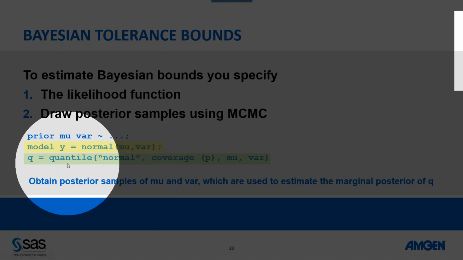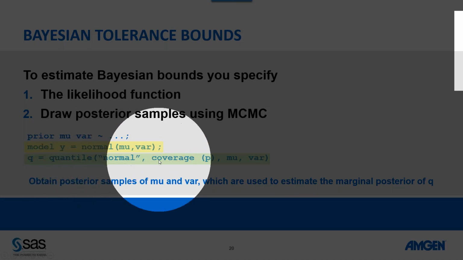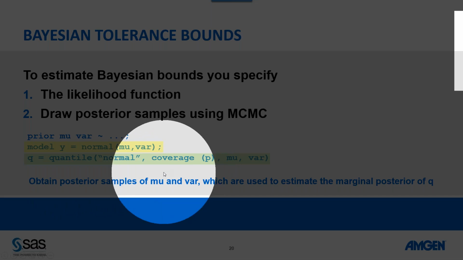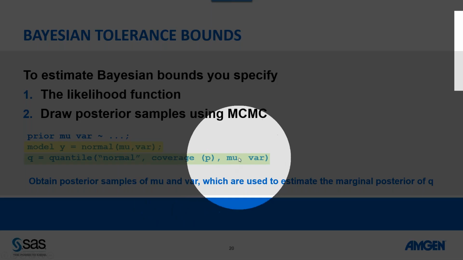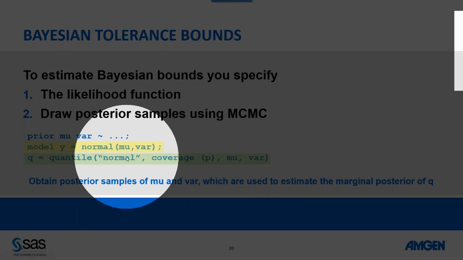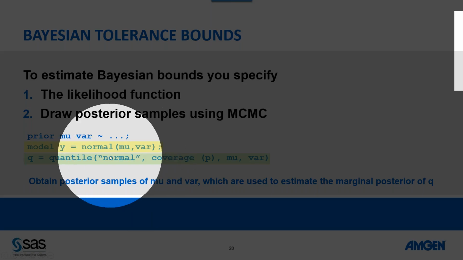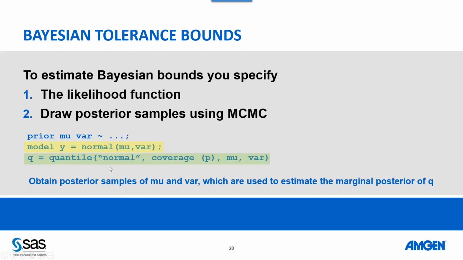And the quantile is a function within SAS. And for the quantile, we need the coverage, that is the 90% or 99%, okay, that's the P. And then these mu and variance are the mu and variance in here. And then we also have a prior on the mu and variance. So it's very easy, very clean within PROC MCMC.